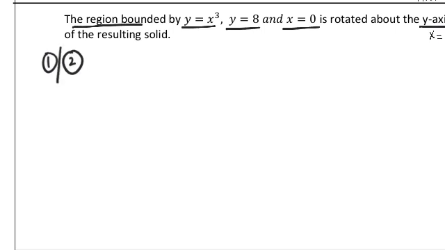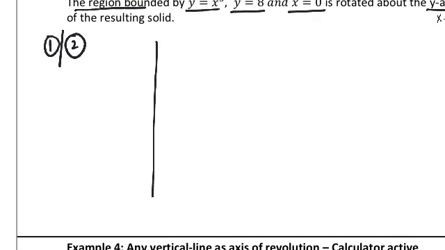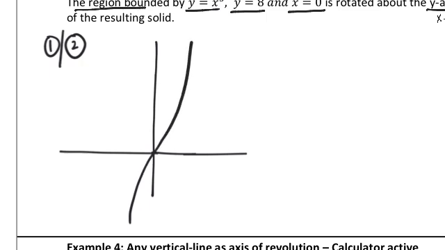It's similar to the last problem in the sense that it's y equals x cubed, so we've got this graph. However, now the second boundary is y equals 8. If you set x cubed equal to 8, then x would be equal to 2.